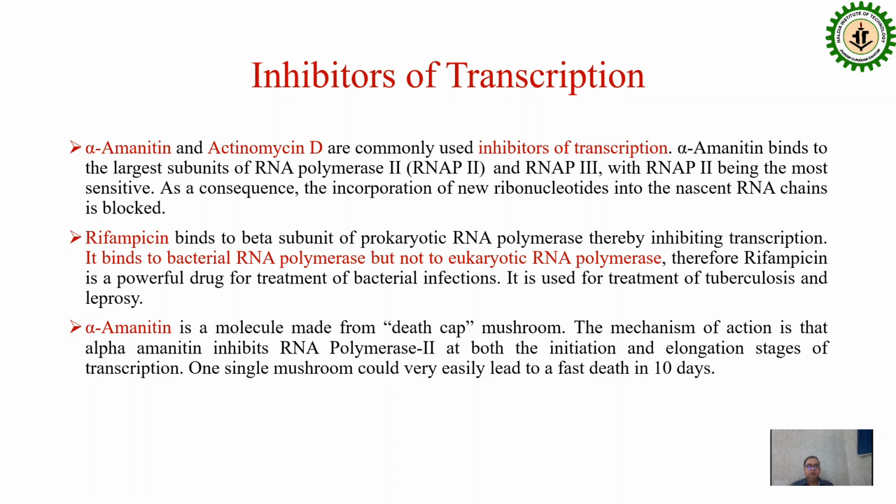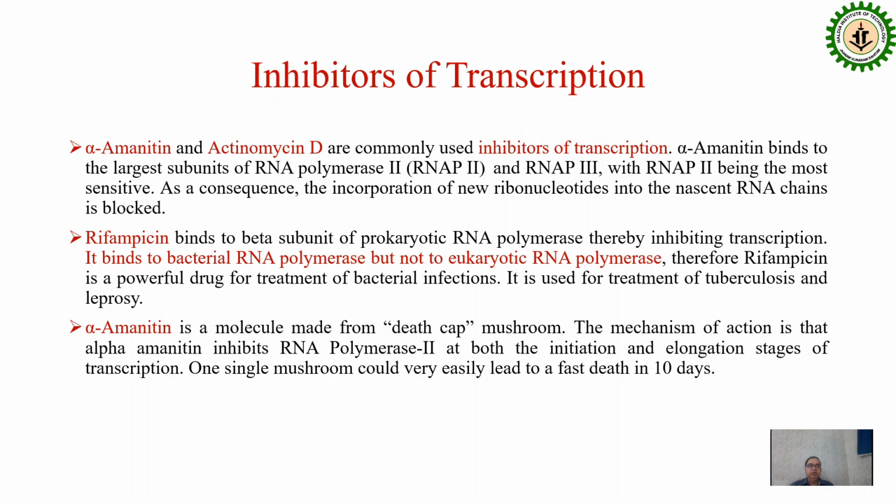So rifampicin is a powerful drug for treatment of bacterial infections because it will not act on eukaryotic RNA polymerase, like our RNA polymerase. It will only inhibit transcription in bacteria. So it can be used to treat bacterial infections. Particularly it is used for the treatment of TB, tuberculosis, and leprosy.